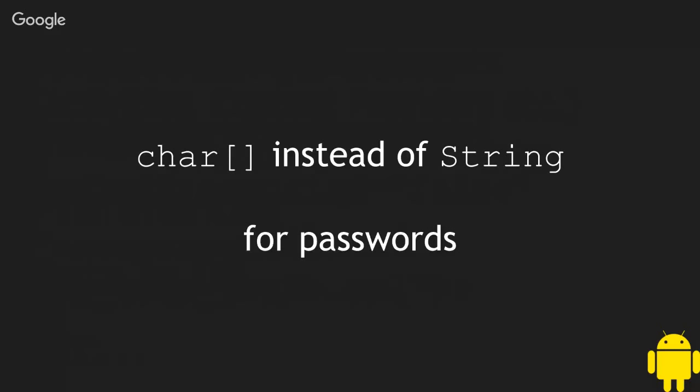One of the oldest tips is to use a char array instead of a string for storing the password. This is because the string object is immutable and can stay longer in memory.